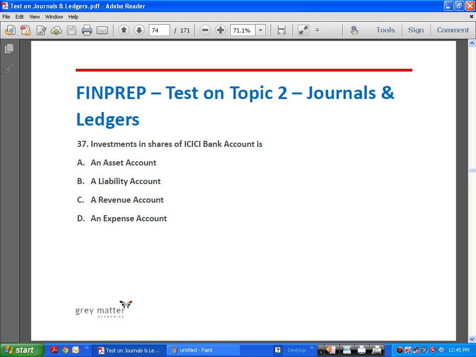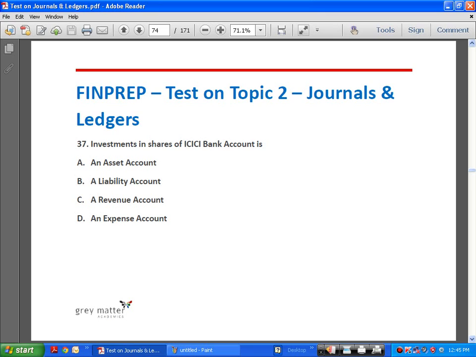Investments in shares of ICICI Bank account is an asset account because an investment is made with the view of earning dividend, or for the purpose of capital appreciation. For example, let us say that today the shares of ICICI Bank are quoted at 1000 rupees in the market. One month later, they are quoted at 1200 per share in the stock exchange.